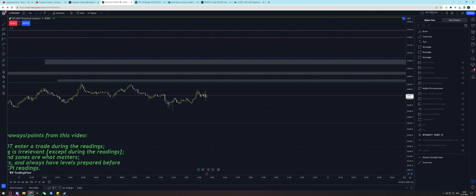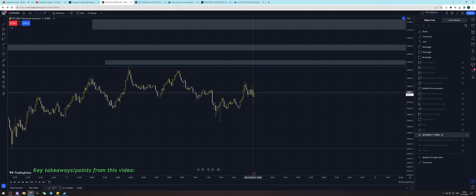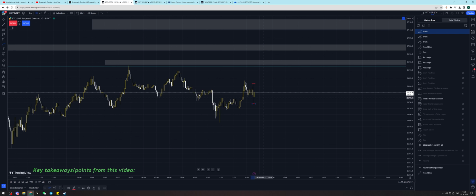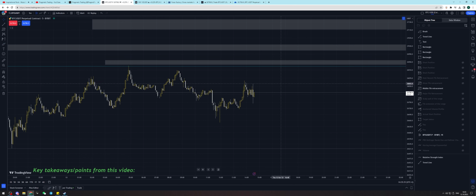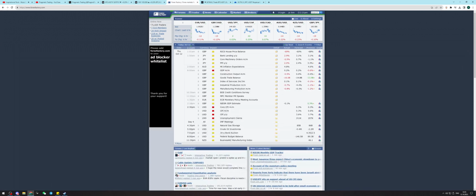Well, CPI is happening, right? We have a rejection, we have an upwards movement. Now I can bet that all of these people who shorted here and long here will end up being stopped out because they are gamblers, they are not traders. Now let's take a look at the CPI readings. Let's refresh this page. The core CPI was the same as forecasted.